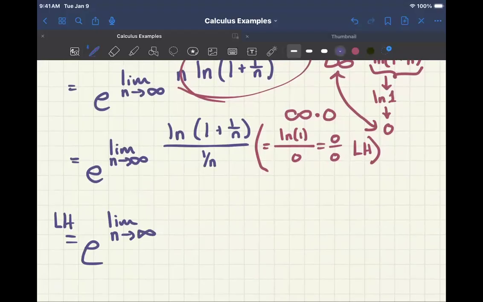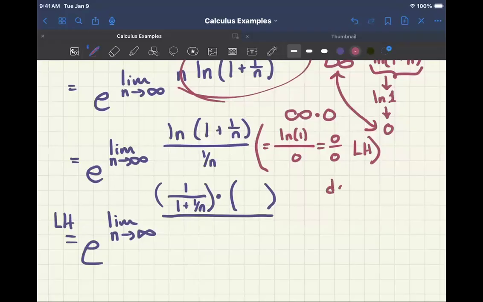Derivative of the top divided by the derivative of the bottom. On the numerator, we're going to get 1 over 1 plus 1 over n times the derivative of the interior. This is a chain rule. And so we also need, and I'm going to do this on the side, d dx of 1 plus 1 over n.